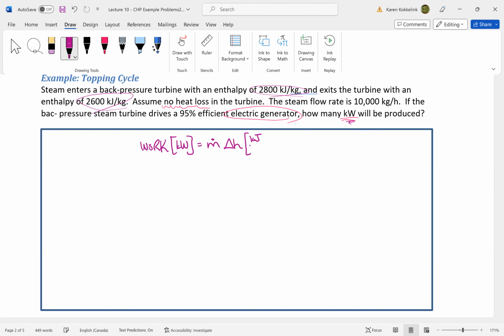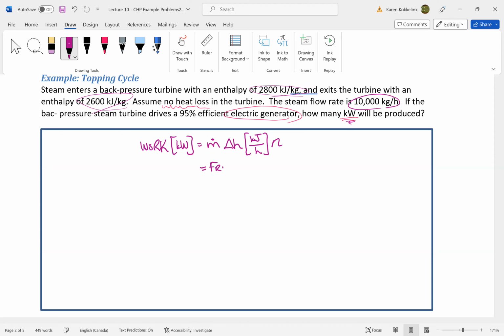So how many kilojoules per hour of energy were lost across that steam, times the efficiency, which would just be the rated efficiency of that turbine.